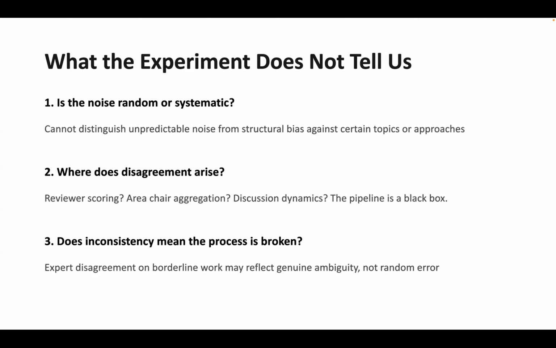And where does the disagreement arise? For example, is it because of the reviewer scoring, or which of these effects? The entire pipeline is basically a black box. And finally, this is the biggest question: does this inconsistency actually mean that the process is broken, or do we need to measure something else to figure out how meaningful the process is for determining the quality of accepted papers?